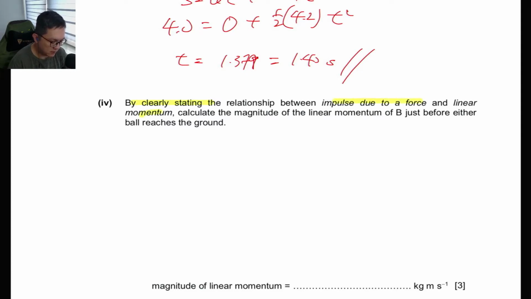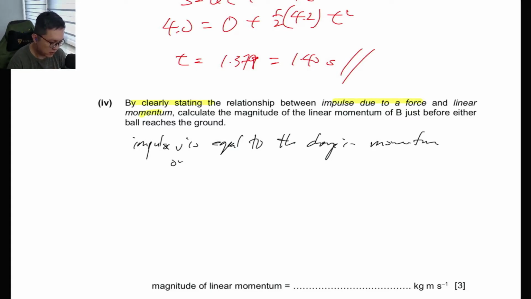You have to write something like: impulse on the object is equal to the change in momentum of the object. So you need to have this line here.